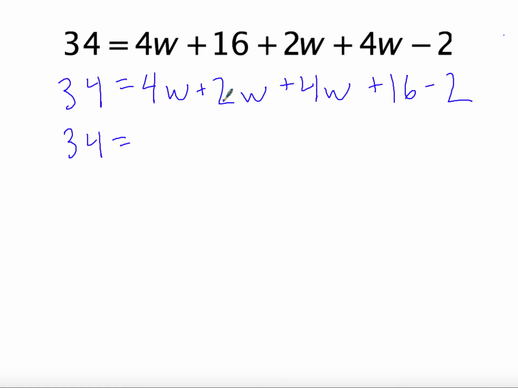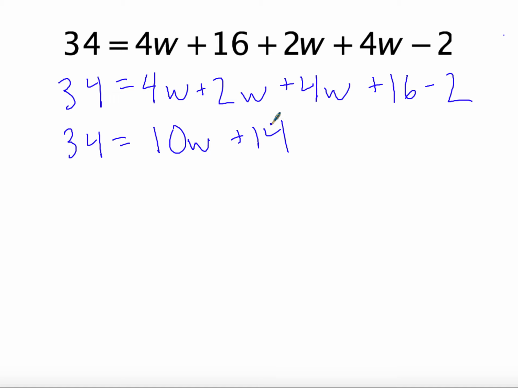Okay, 4w plus 2w is 6w. 6w plus 4w is 10w. And then we have 16 minus 2, which is 14. Two-step equation, and we are ready to go with that. Here we have w being multiplied by 10 and then adding 14.